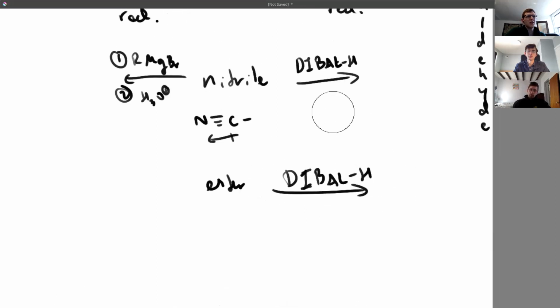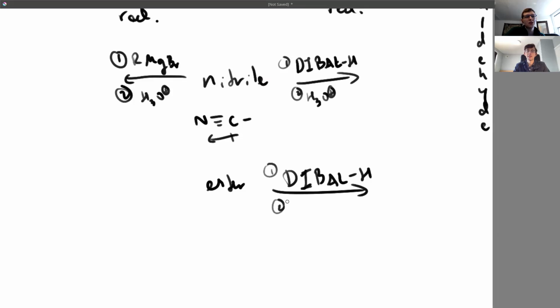In either of these cases, with the nitrile here, you definitely need aqueous workup. At least I would really bet on it. With this ester one, you might not need it. But we're adding water as our second step.